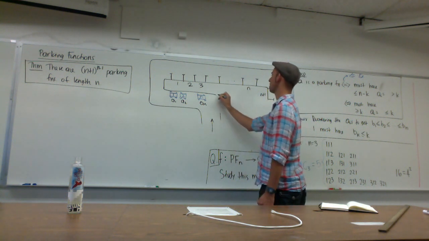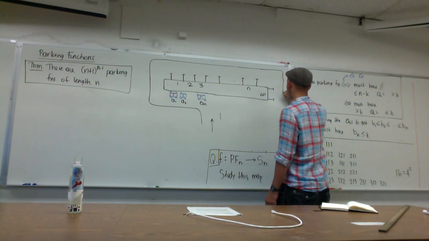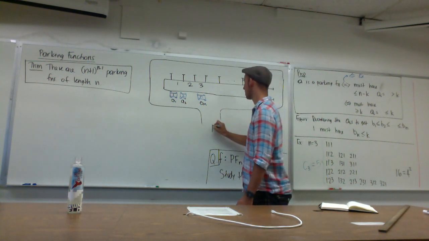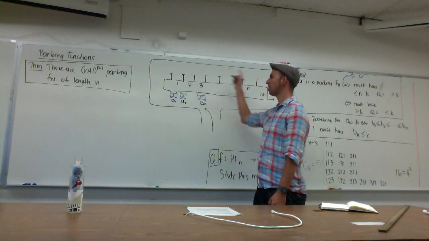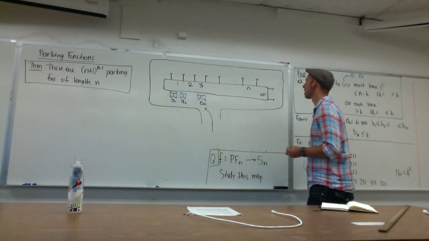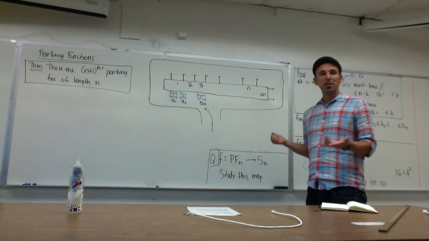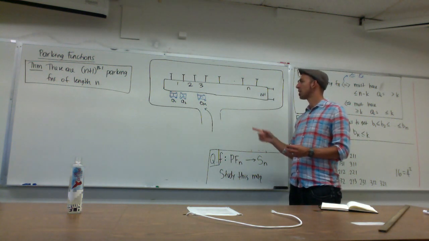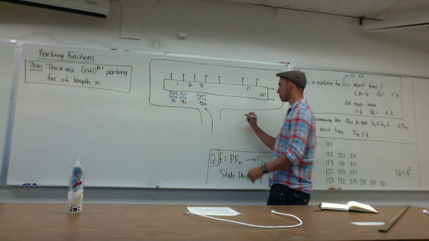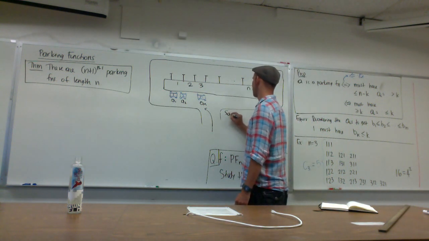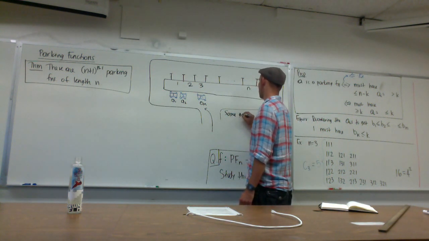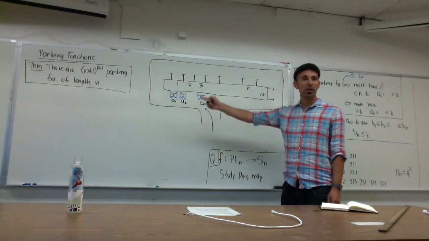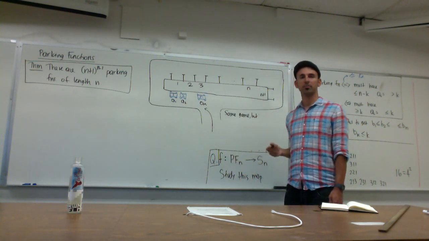And if it doesn't work out, we're going to actually let them cycle around. But I have to keep going in this direction. Right? I have to keep going in this direction. And I'm going to play the exact same game, except that if you don't find a parking spot, you just cycle and you keep going.